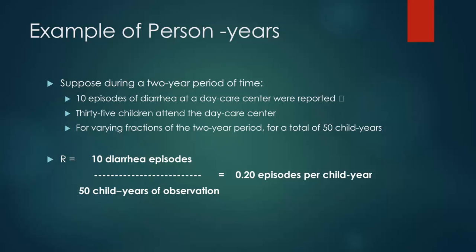Those 35 children came and went at different times, so for varying fractions of the 2-year period, we have a total of 50 child years. To figure out the rate, we would look at those 10 diarrhea episodes over the period of 50 child years of observation. This would give us 0.2 episodes per child year.